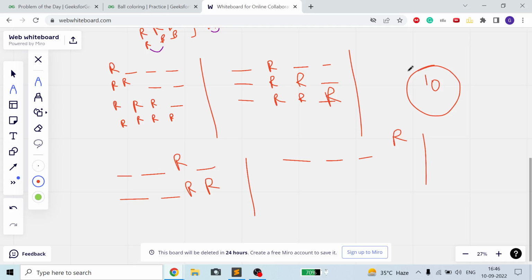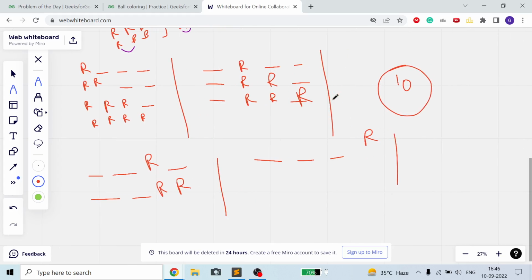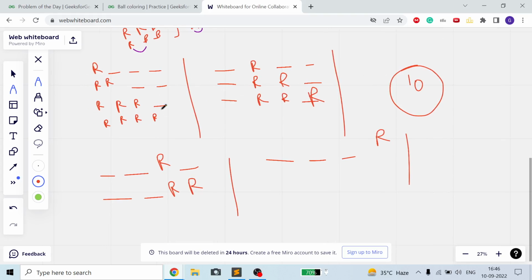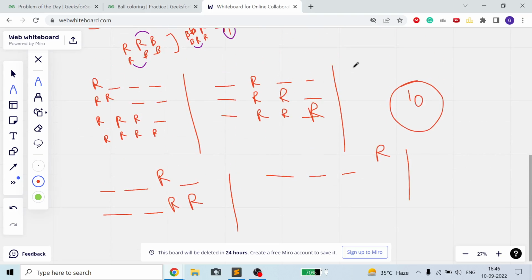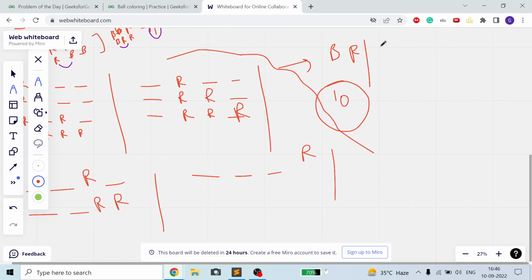Okay guys, but here we left out some segments. How? Suppose we have taken continuous R, but there are some segments as well. If we take continuous R, then these 10 segments are possible. But now suppose all the cases are like BR, all four cases. I am not talking about this, I am talking about all of these. Here segments should look like BR, meaning some group of blue balls, some group of red balls.